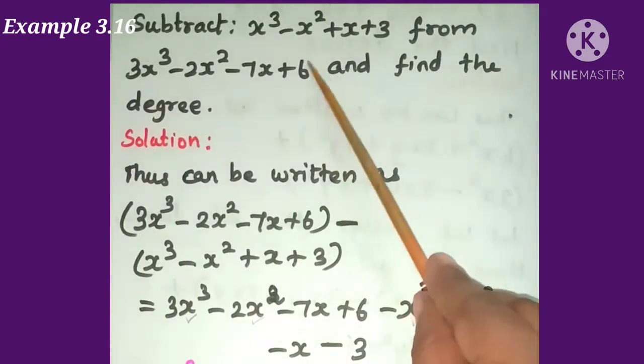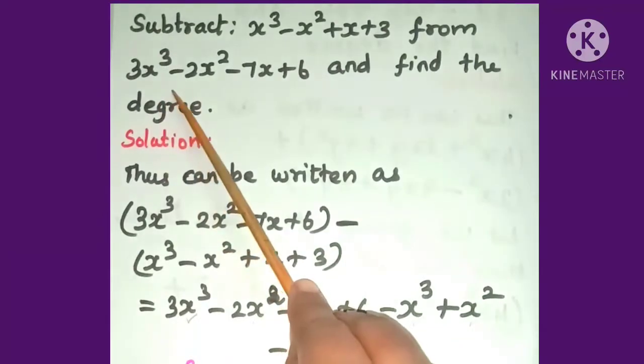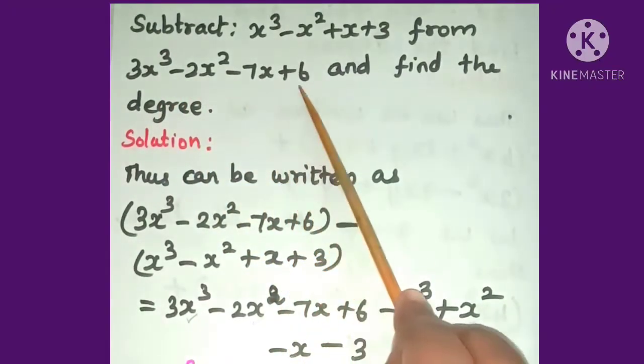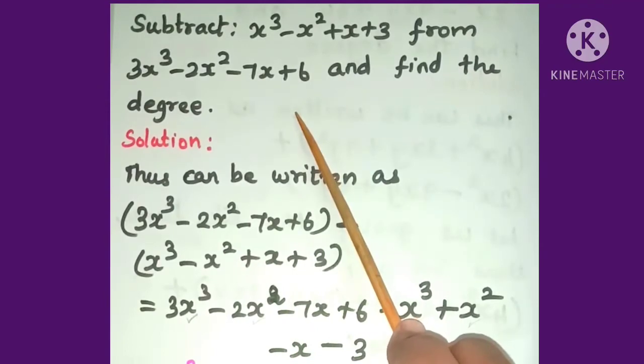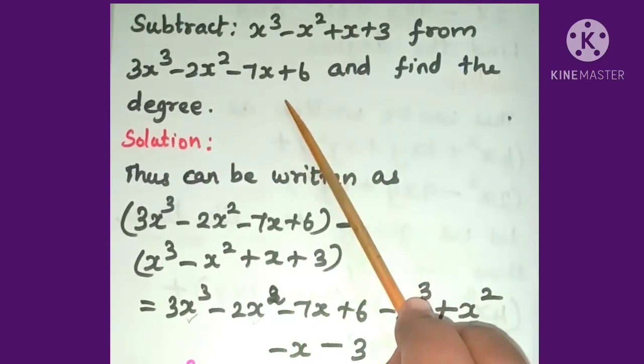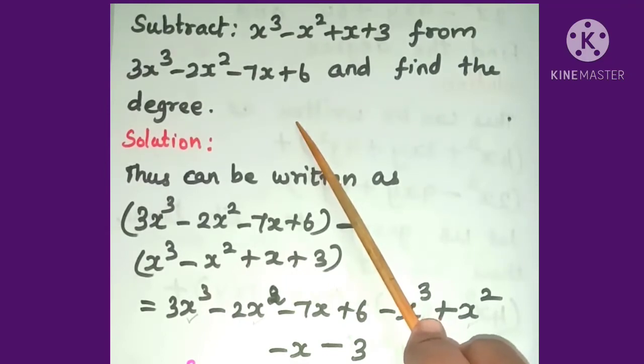Now students, subtract x cube minus x square plus x plus 3 from 3x cube minus 2x square minus 7x plus 6 and find the degree. As in the previous problem, where we added the given two expressions, here we are going to subtract the given two expressions. In all the problems, as a first step, you have to see whether the given expressions are in standard form or not.